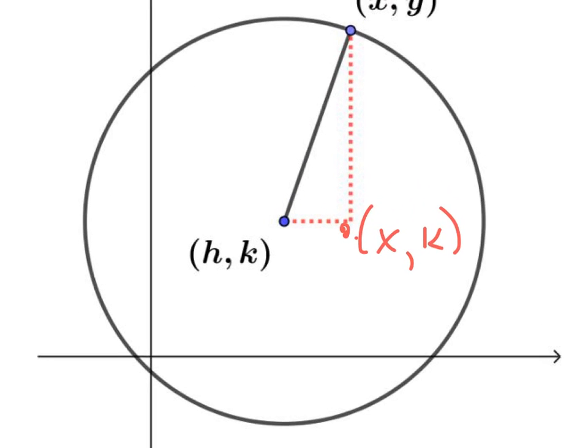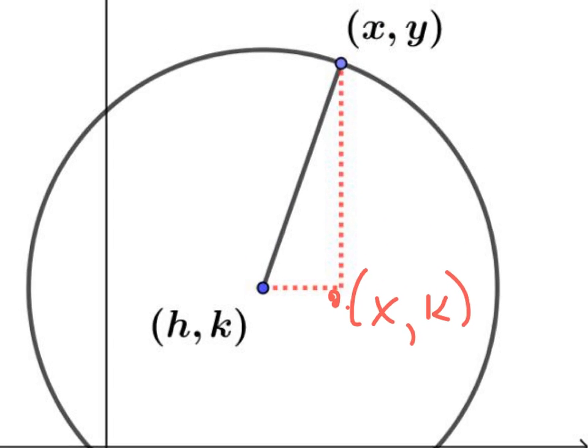Okay, so if I look at these as leg lengths, I'm trying to generalize what the two side lengths are. If I look at this horizontal piece, I've got x here and h here, so the distance between those two is going to be x minus h. So that leg length is x minus h.